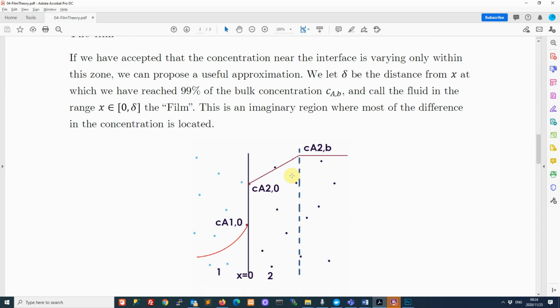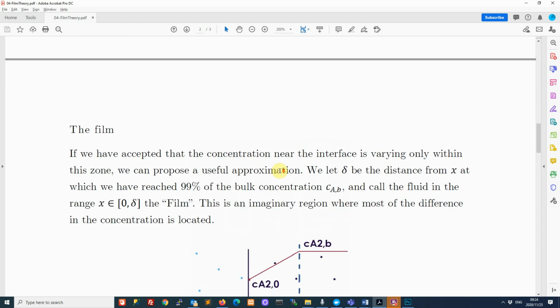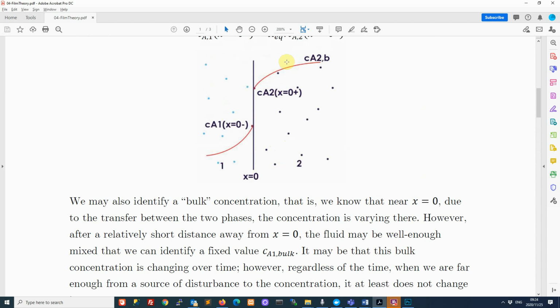If we say that, then we can realize that the difference in the concentration here, the difference between the interface equilibrium concentration and the bulk concentration, is likely to happen over a very small region. This transition, we can think of as a small transition zone.